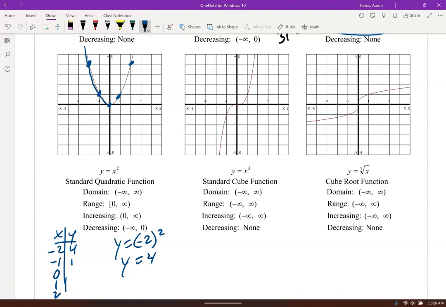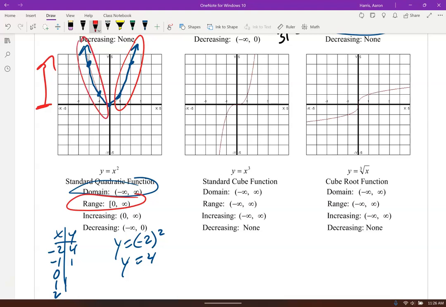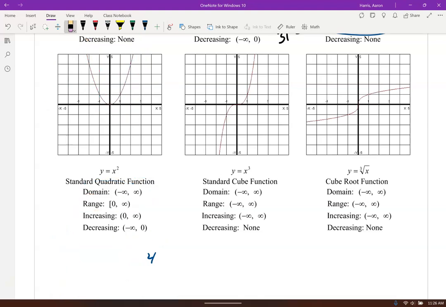And you see that parabola, right? There's our square, which has a domain of all real numbers. The range, though, from 0 up. It's increasing over here, and it's decreasing over there on the left, right? So that's our parabola, y equals x squared.